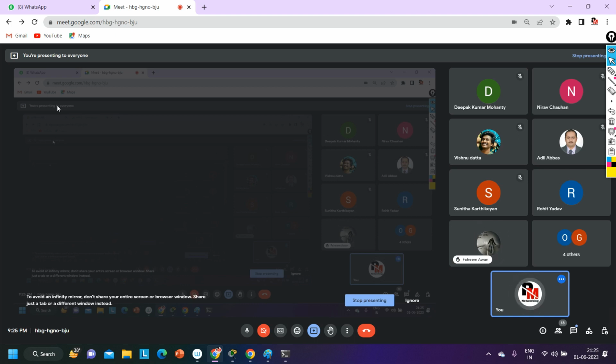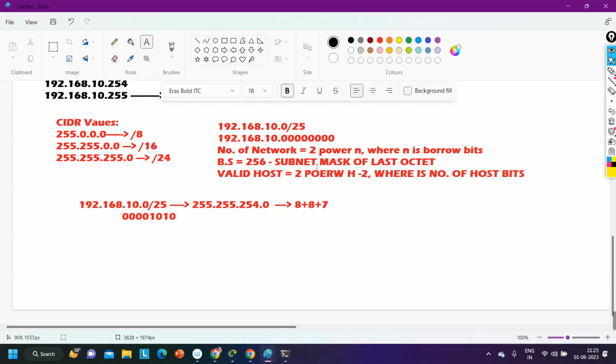Yes, tell me. Can you tell me the block size? The block size formula is 256 minus the subnet mask of the last octet. Let's say I am writing one subnet mask, 255.255.255.128. Which octet is the last one present in? Fourth octet.